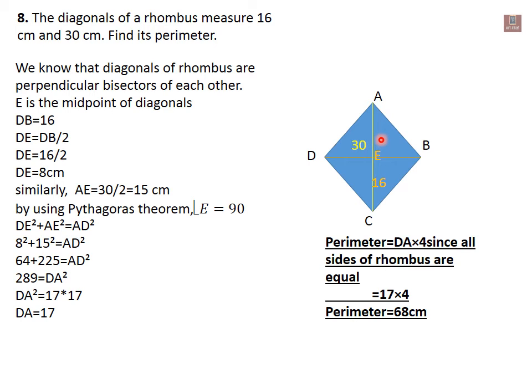So E is the midpoint of the diagonal. Diagonals cut in such a way that they bisect each other. So AE is equal to EC, DE is equal to EB. E is the midpoint of the diagonals. Okay. So this is the property of rhombus.